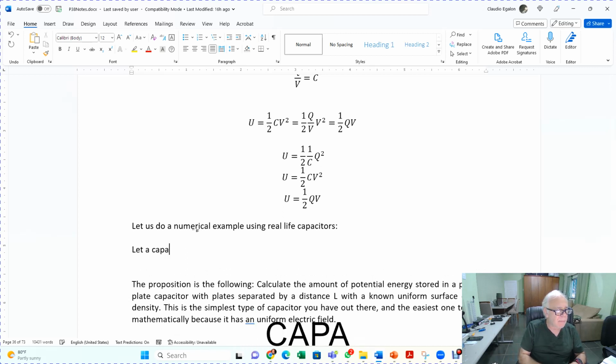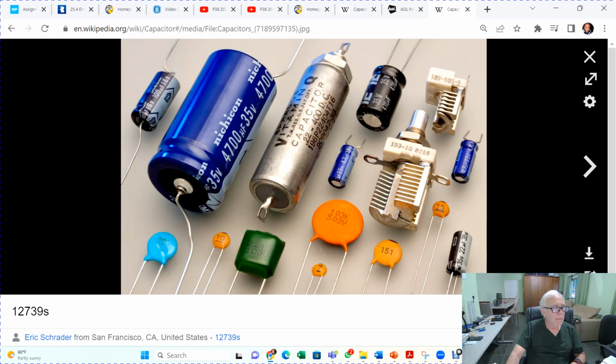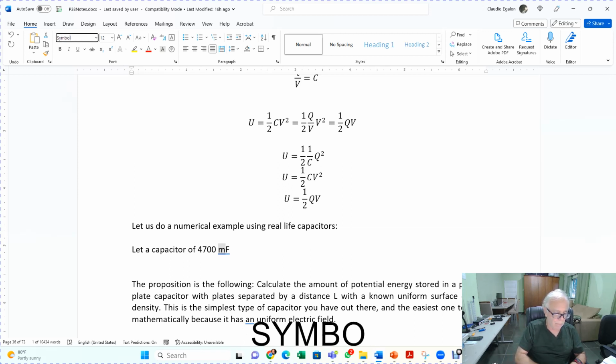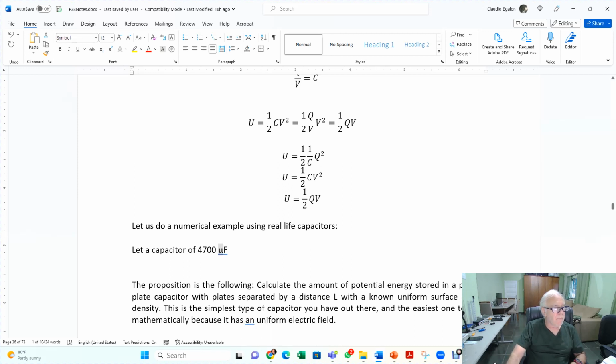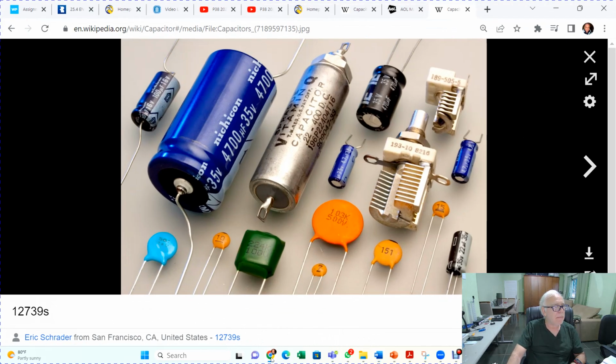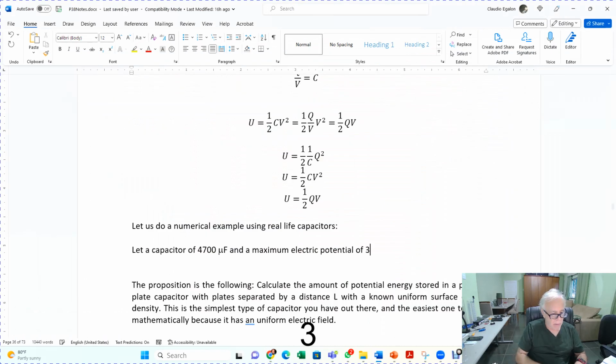Let a capacitor of 4700 microfarad and a maximum electric potential of, going back there, 35 volts.